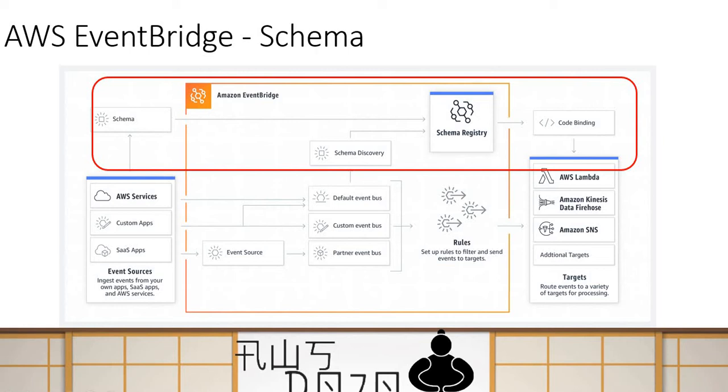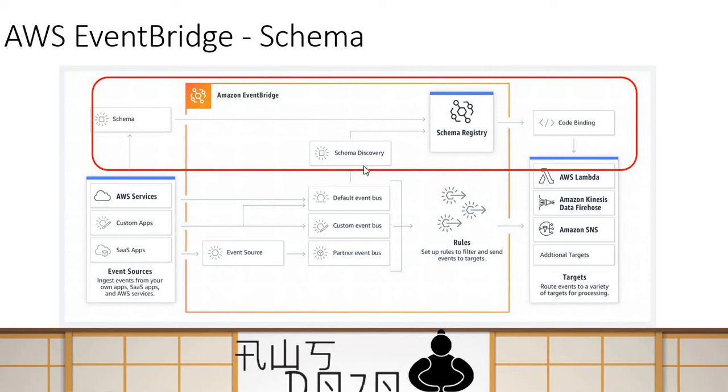What you can do in EventBridge is create a schema registry, which is nothing but a collection of schemas. You can create more than one schema registry, and each schema registry can have more than one schema. In your schema, you define what different fields you want to capture, what the data types of the fields are, things like that.